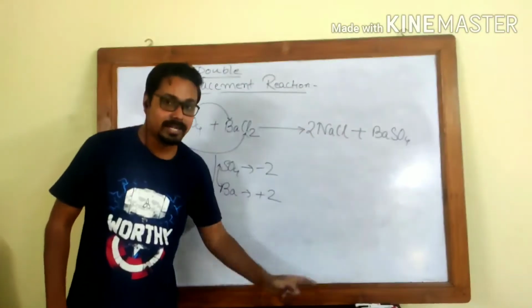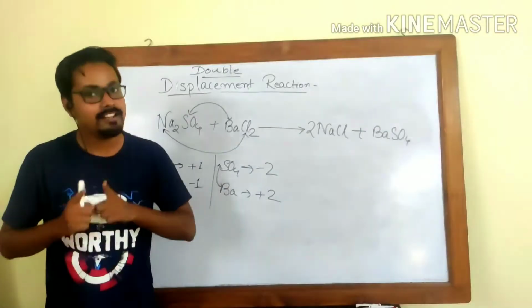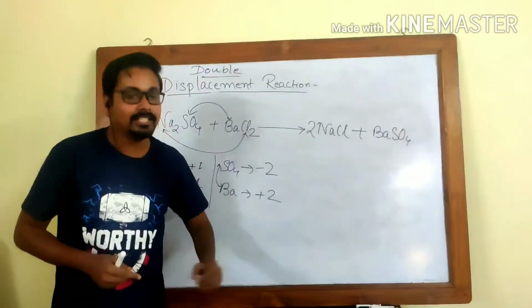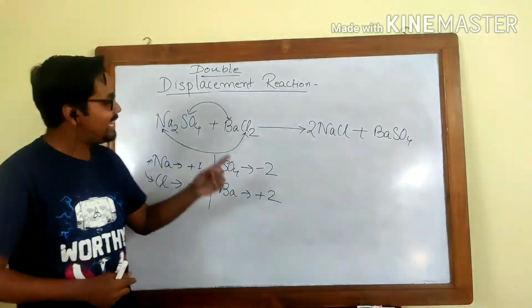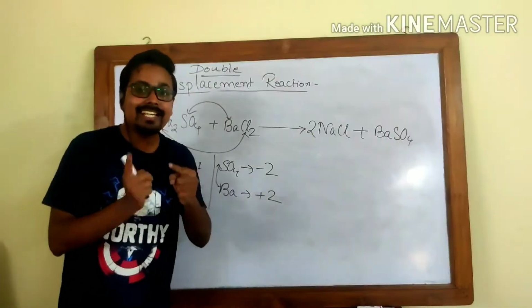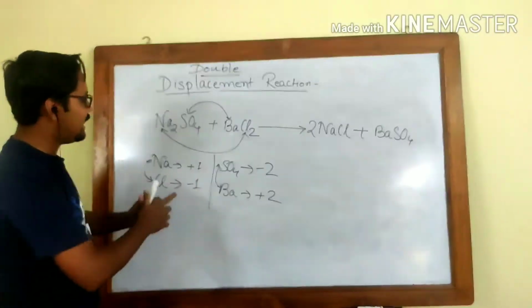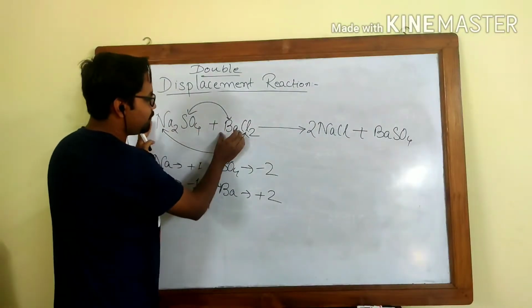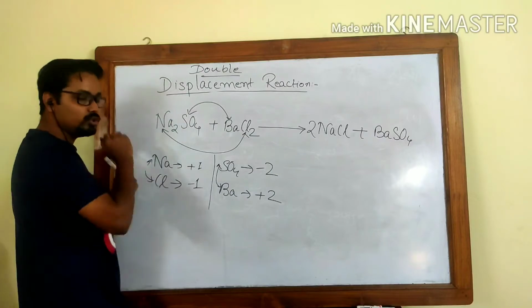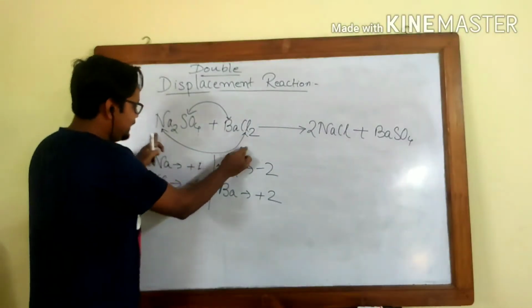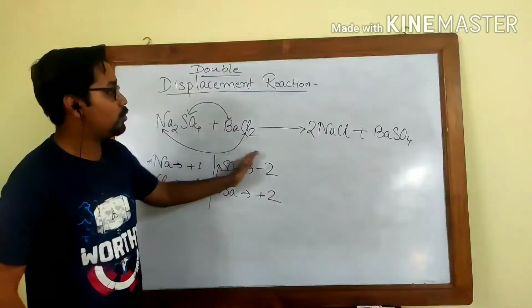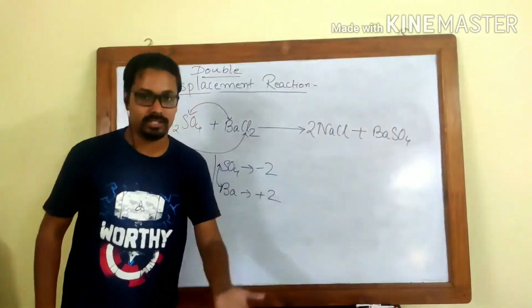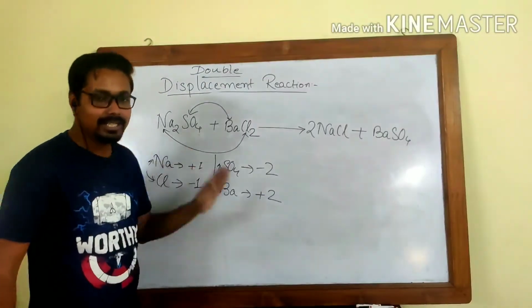In a displacement reaction, the more reactive metal displaces the less reactive metal. In this case, we have an exchange of ions. Ions exchange between themselves. Sodium is going in place of barium, barium is coming in place of sodium, and these two come together to form different products. I hope it is clear.